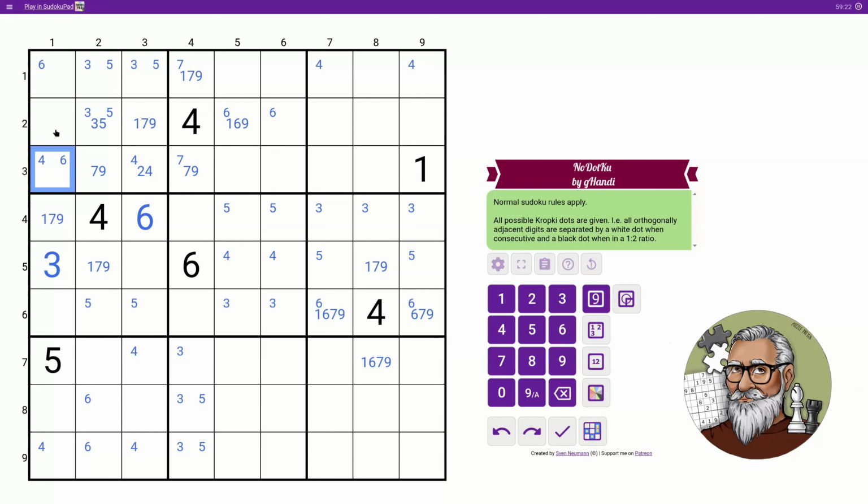That's from 179. That's a 2. Oh, this from 179. So that's 1. This would have to be 8. I don't see the problem with that.